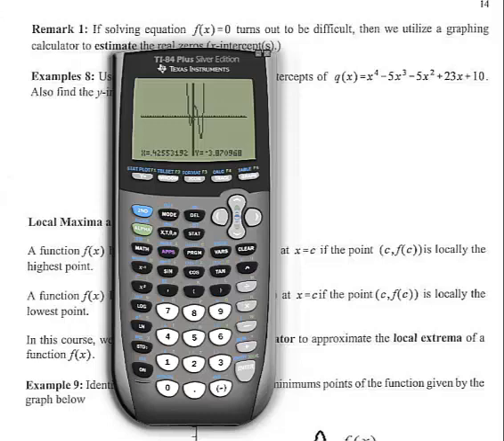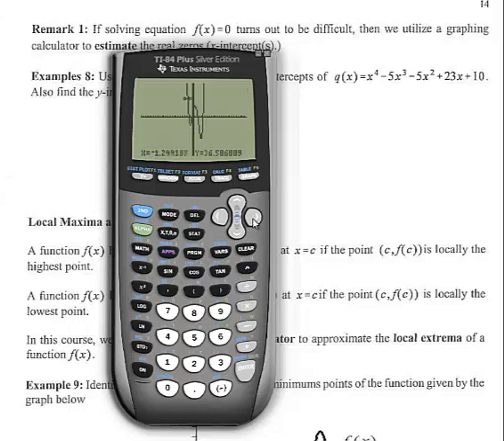Sometimes that can be the case, so let's see, I'm going to go to zoom, and I'm going to hit box. I need to move my cursor around to the opposite corners of my box. I want to go just above this point right here because I think that's where my y-intercept is, and I'm going to hit enter, and I definitely want to get this far left point on my x-axis.